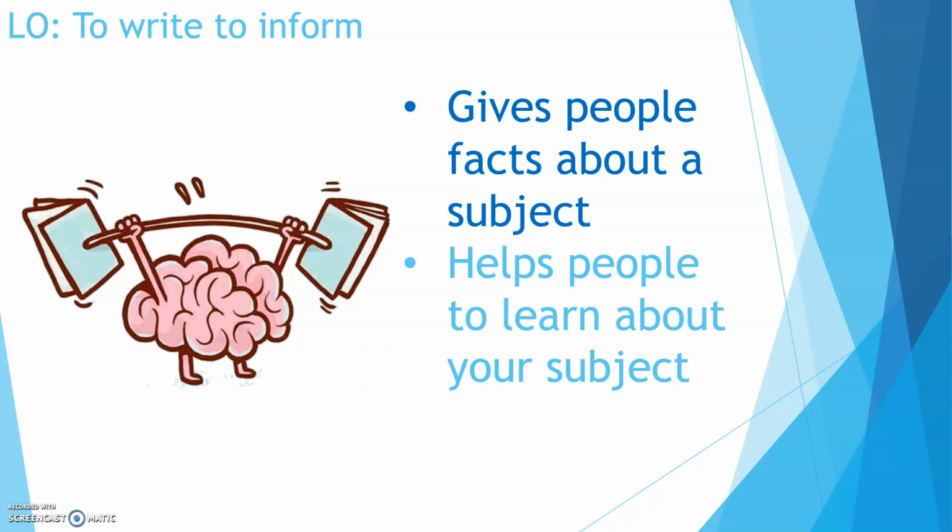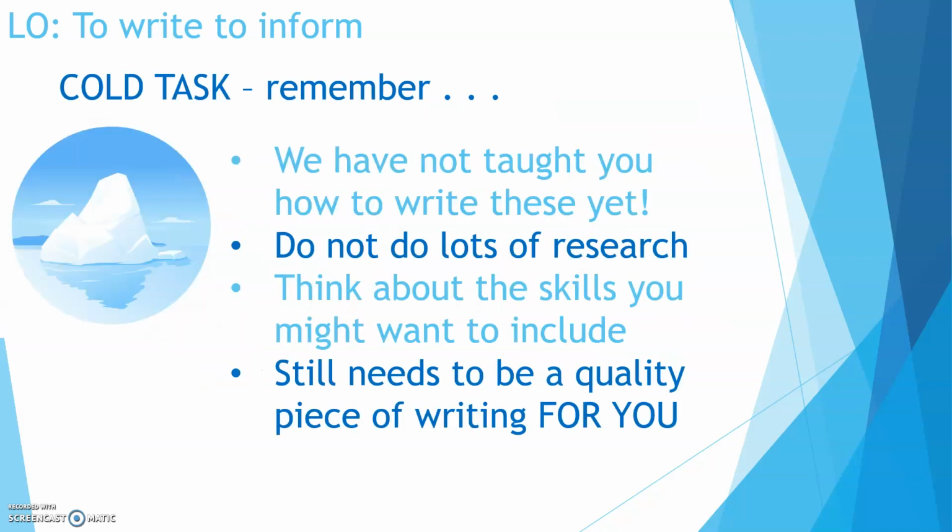So you're not writing an exciting story today or a narrative or a play script. You are writing an information text that's going to give people facts to help them learn about the subject that you're talking about.